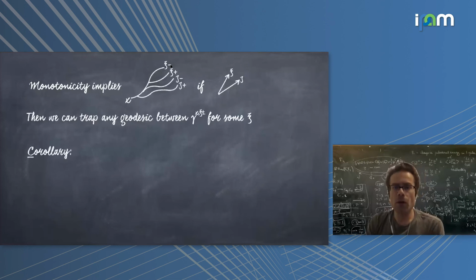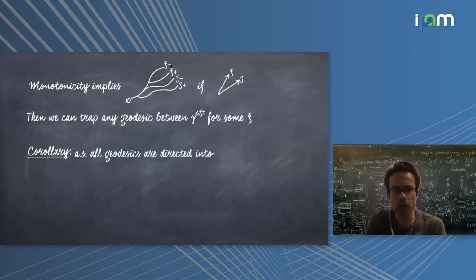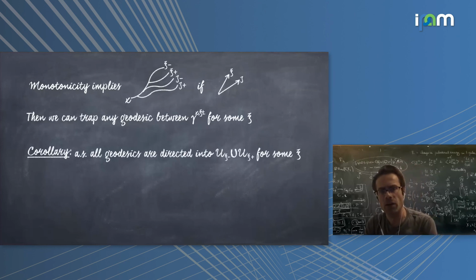Okay, and now you combine that with the previous theorem, and you get that almost surely, so you throw away again one null set, for omegas in the rest, all geodesics are directed into at most the union of two neighboring facets, because the C plus was directed in one facet, and the C minus was directed in the facet right next to it. And so every geodesic is directed at most into the union of two linear segments.